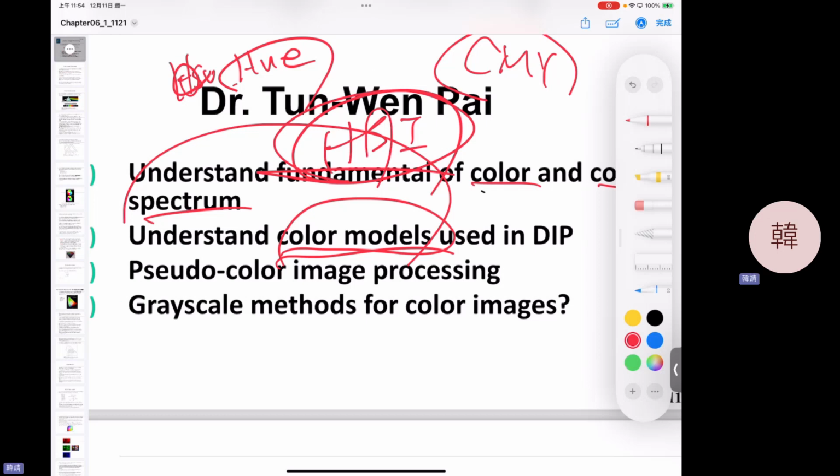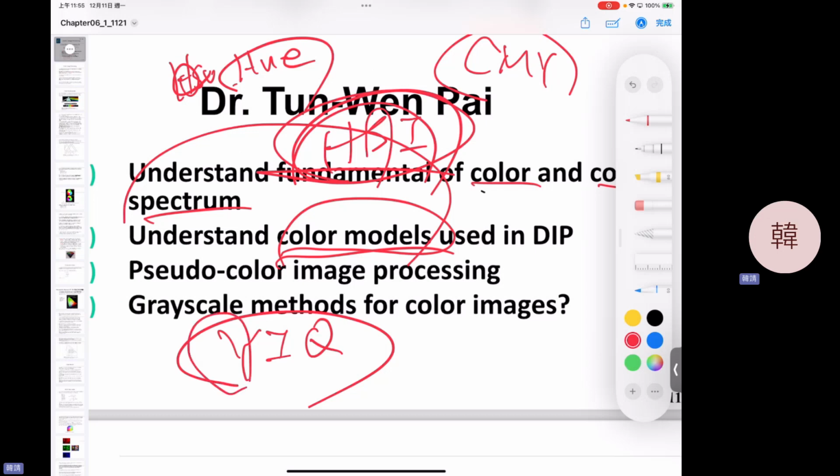How about the communication for the TV? For TV, they didn't use HSI, they didn't use RGB, they didn't use CMY, they used YIQ. The YIQ color model. Because Y is the true chromatic intensity level.